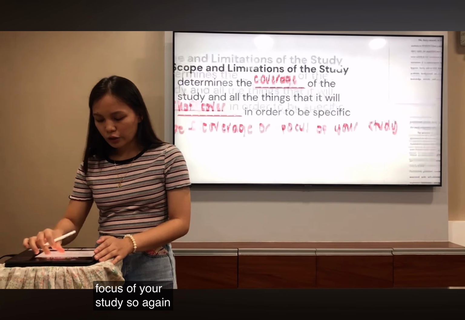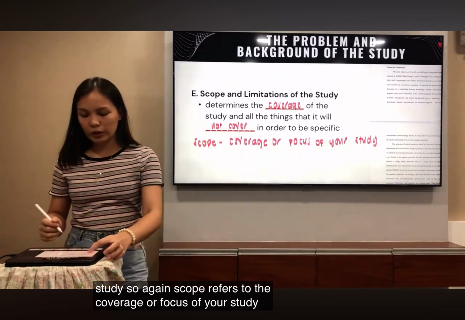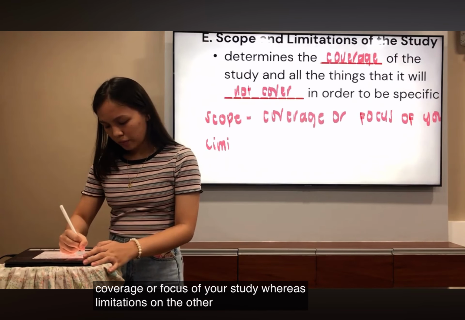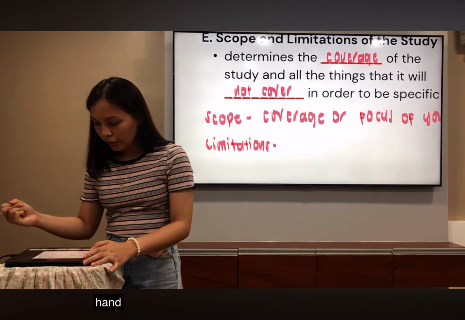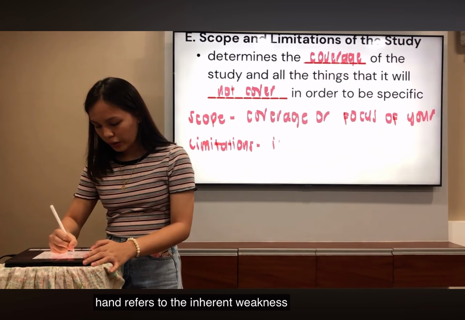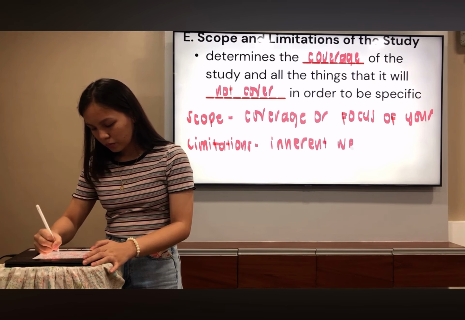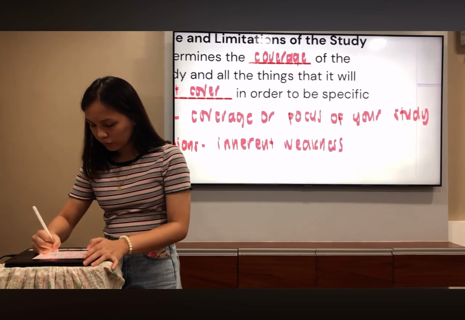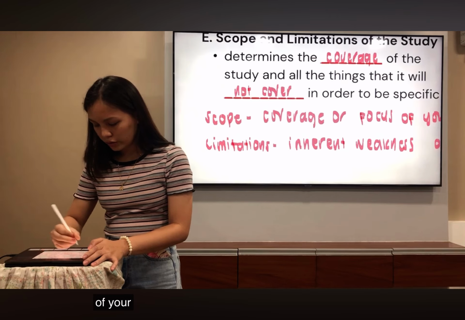So again, scope refers to the coverage or focus of your study, whereas limitations, on the other hand, refers to the inherent weakness of your study.